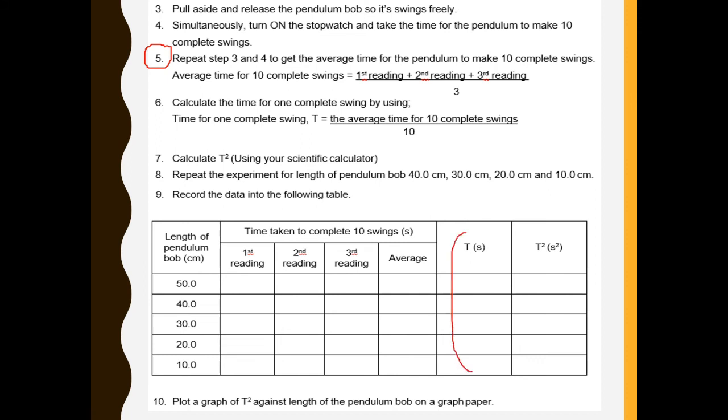You write your answer here, and then you square it by using your calculator. And don't forget to plot a graph of T square against the length of the pendulum.